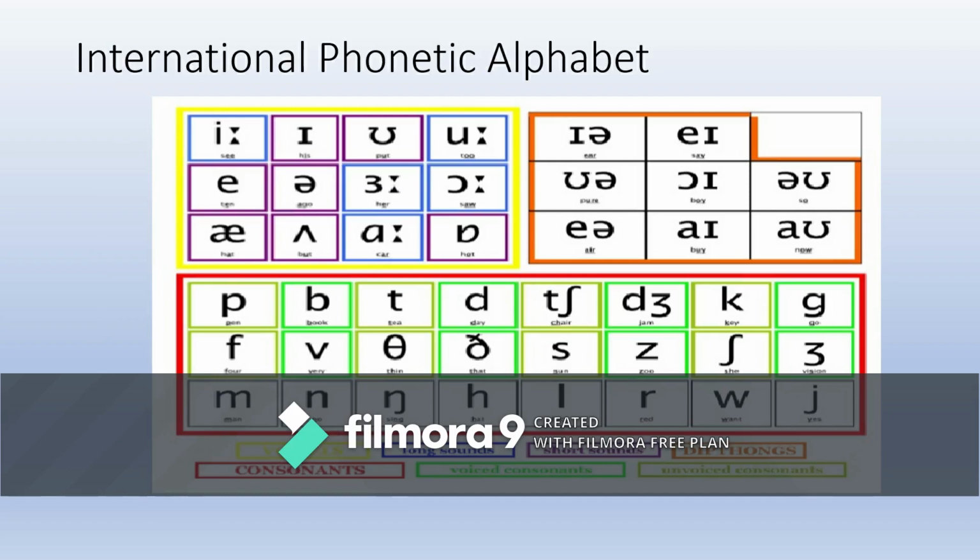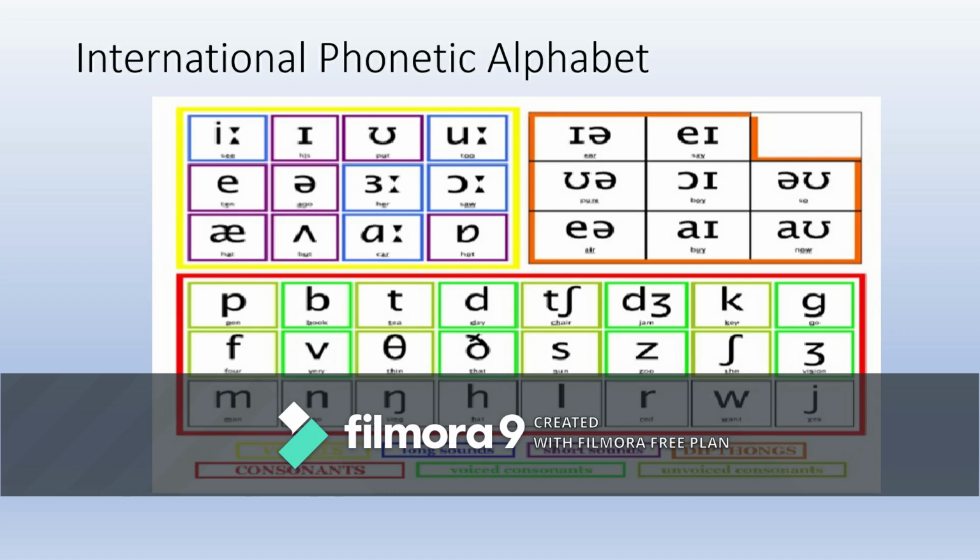Phonetic transcription is a kind of alphabetical writing in which each symbol represents one sound. If you observe the chart, there are 26 alphabets and 44 speech sounds.